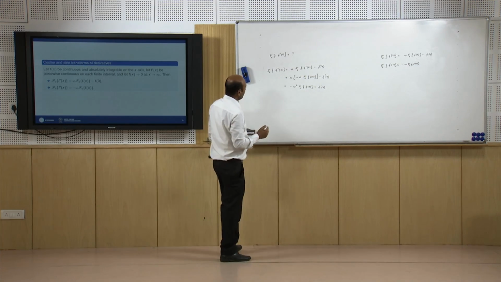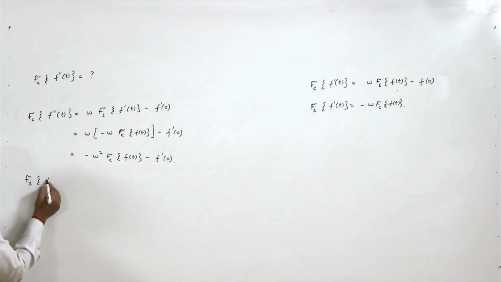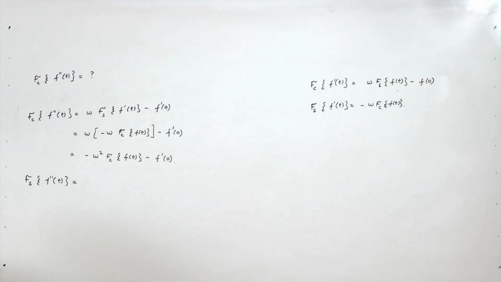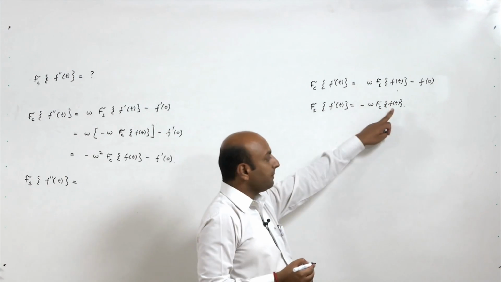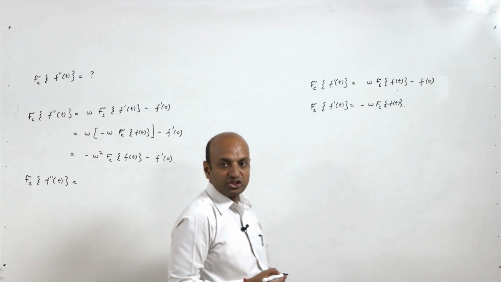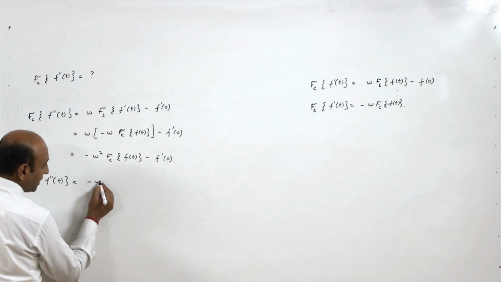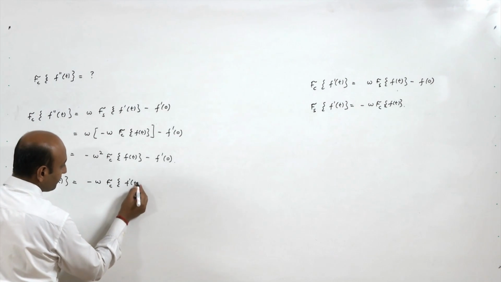Now, similarly, if you want to find out Fourier sine transform of second derivative of f, that also we can find out. Now, in this expression, you simply replace f by f dash. When you replace f by f dash, it is minus omega Fourier cosine transform of f dash t.